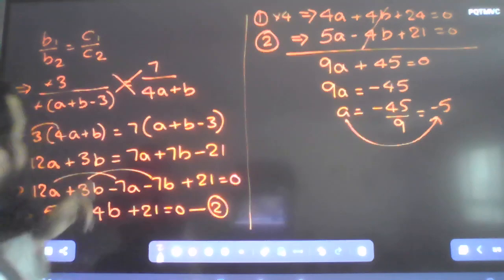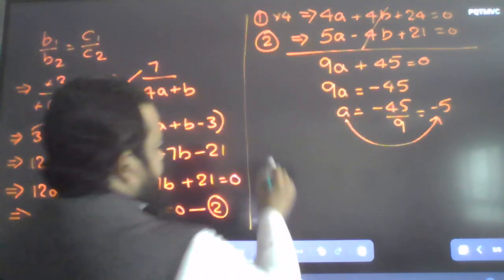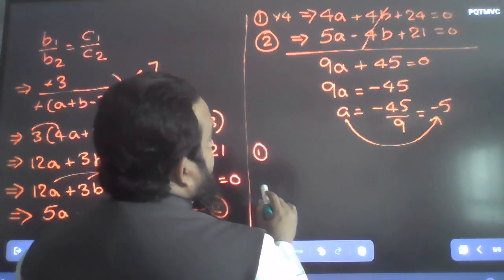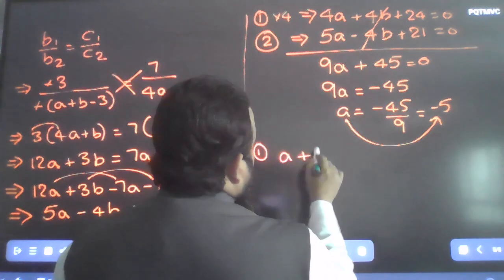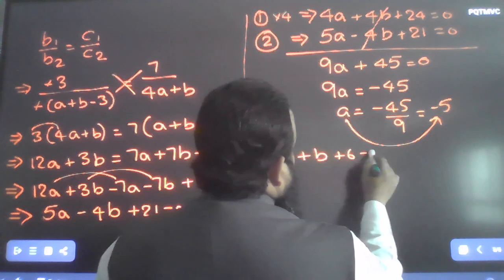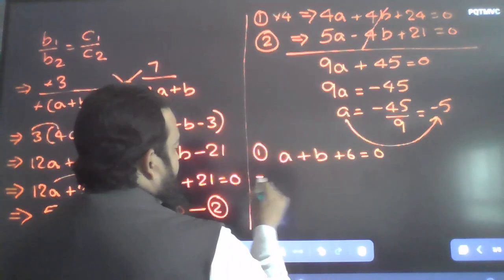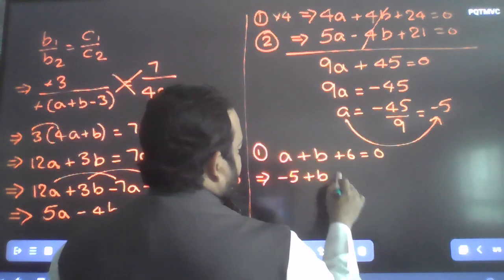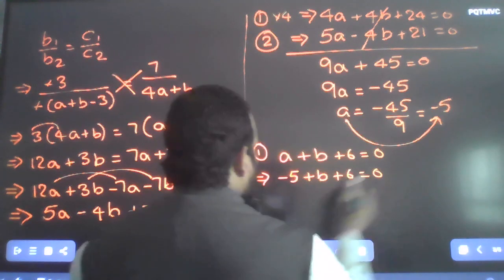Now substitute A in the first equation. So what is the first equation? A plus B plus 6 is equal to 0. That implies, what is A? Minus 5. Minus 5 plus B plus 6 is equal to 0.